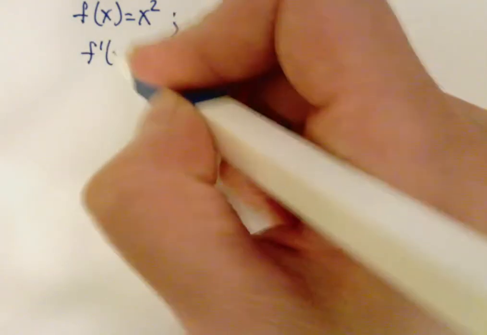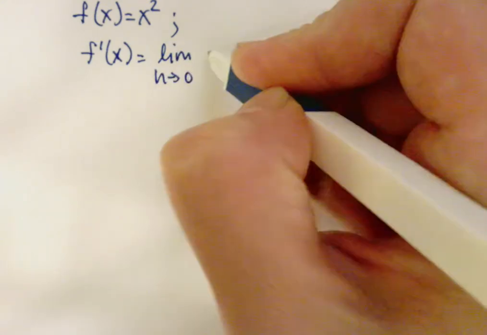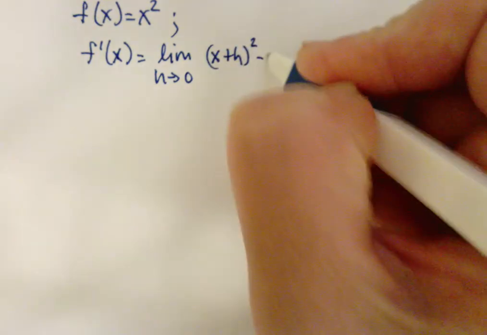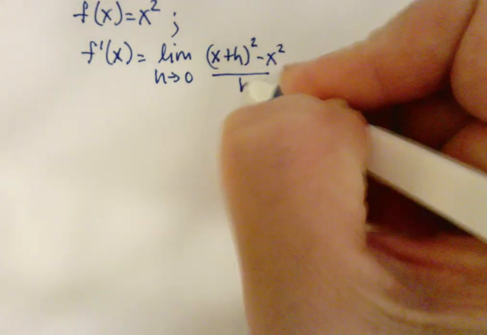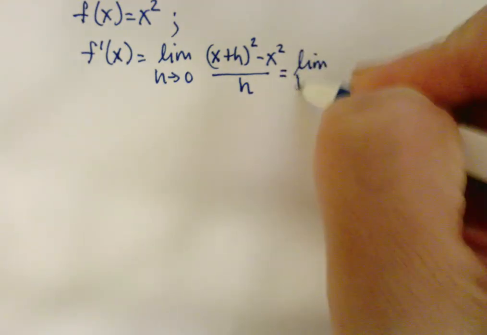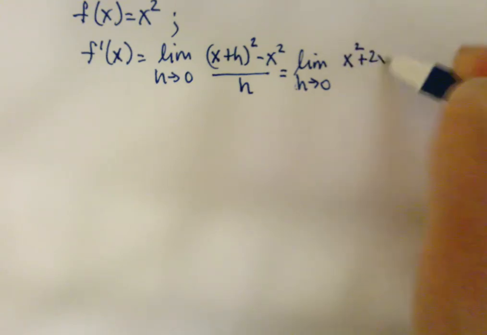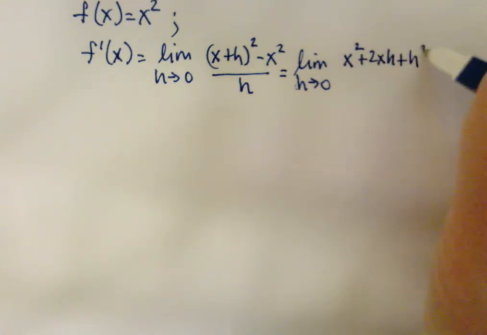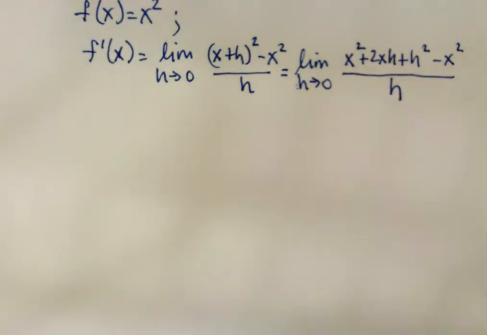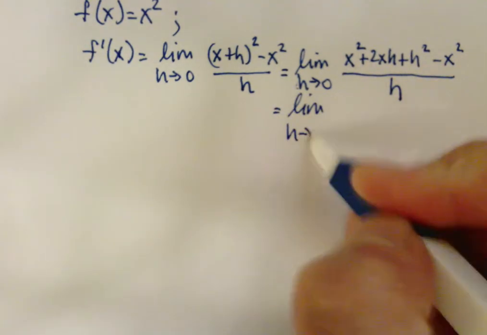Then f prime of x equals the limit as h goes to 0 of x plus h squared minus x squared over h, equals the limit as h goes to 0 of x squared plus 2xh plus h squared minus x squared all over h, equals the limit as h goes to 0.